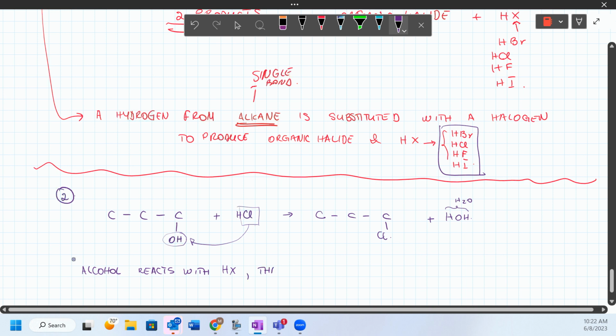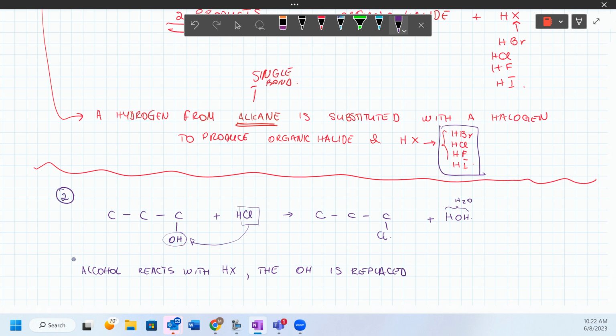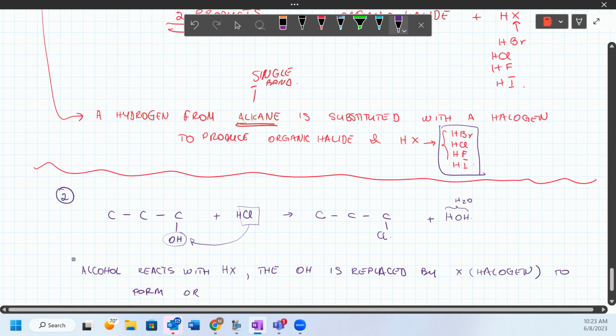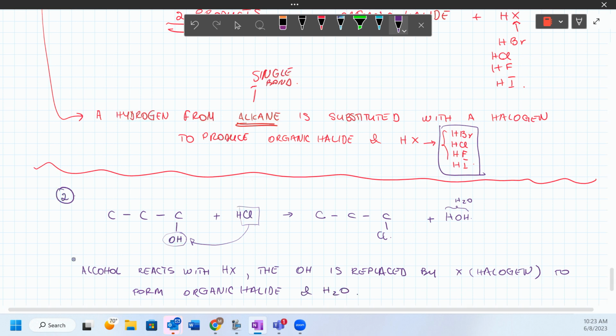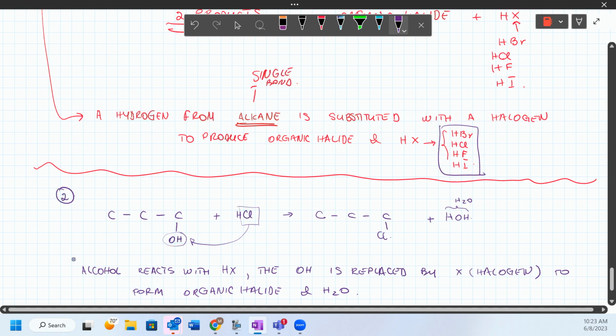The hydroxyl is replaced by the X, the halogen part, to form organic halide and water. Okay? Makes sense, the second type?